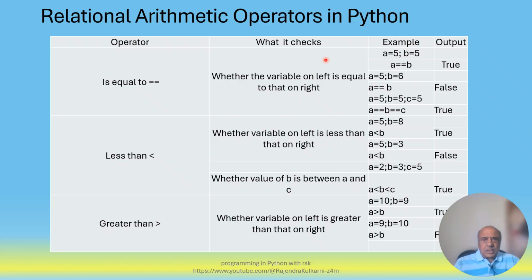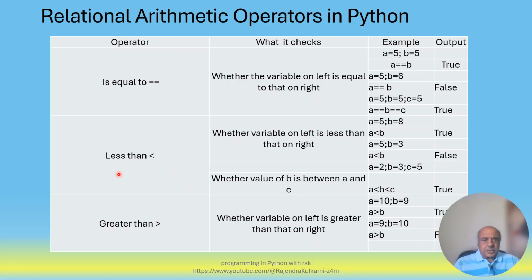These small examples: a is equal to 5, b is equal to 5, a double equal to b is true. Then a is 5, b is 6, so naturally it will be false. If a, b, c all are equal, then a equal to b equal to c will be true.